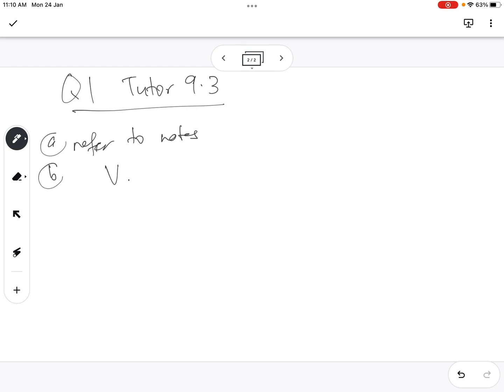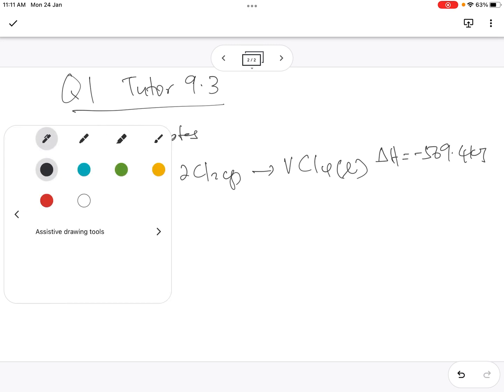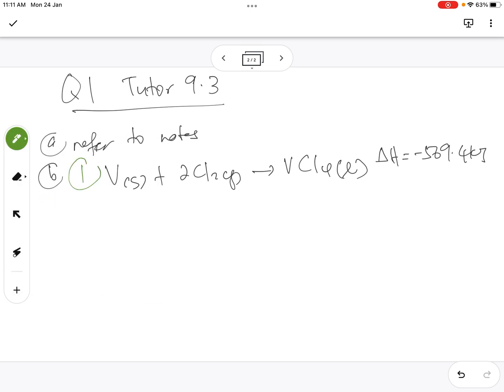V solid plus 2 chlorine gas produces VCl4 liquid, delta H equals minus 569.4 kilojoule. Okay. So ini kita label sebagai equation 1. Okay. Then we go to equation 2. Just copy back. Alright.